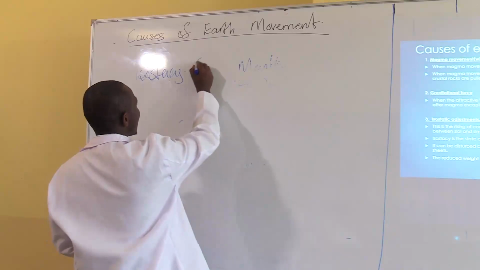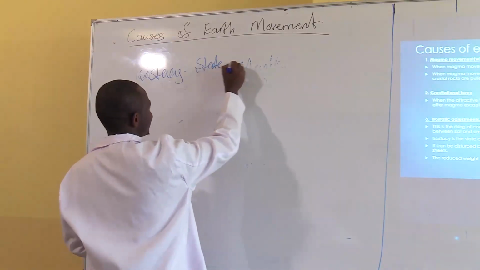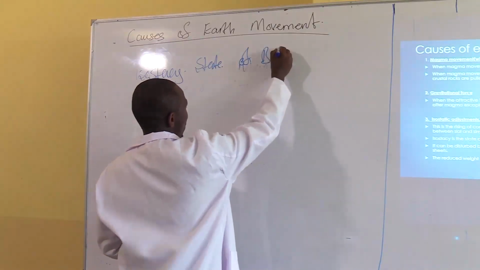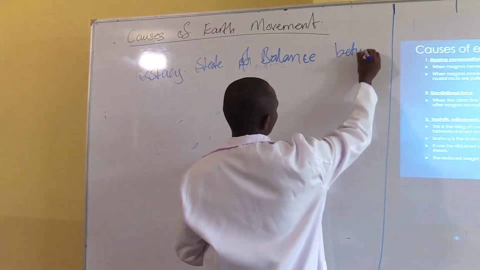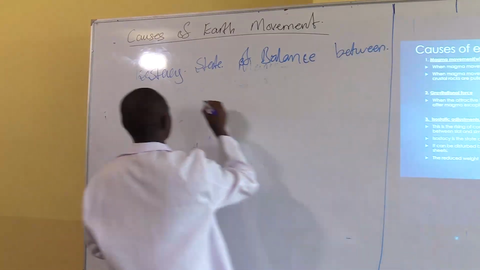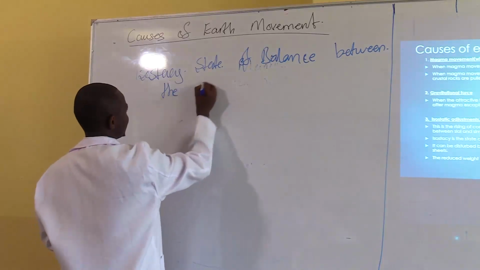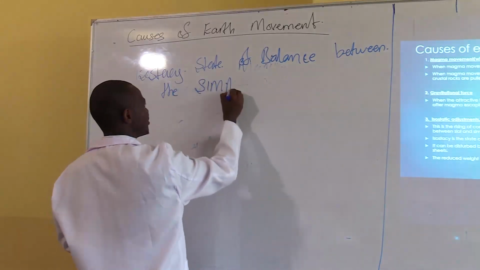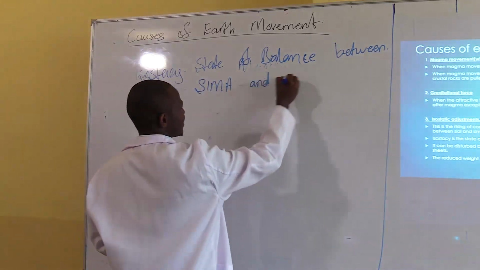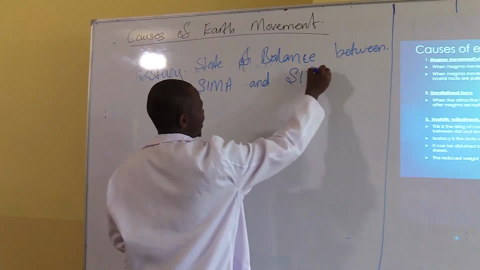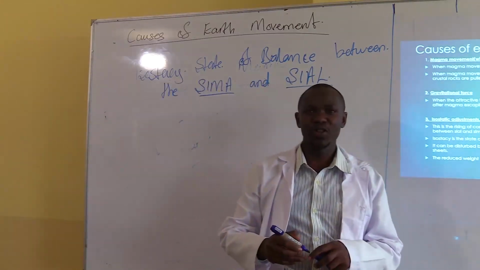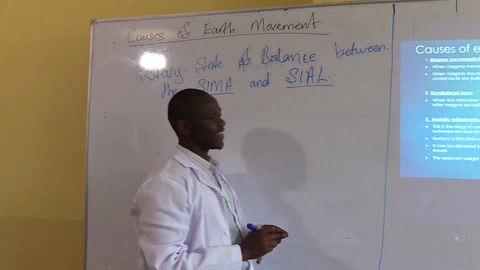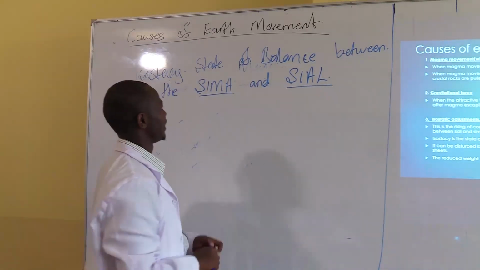That state of balance between the sima and the sial. And we all know the sial and the sima were all about the continental crust and the oceanic crust, respectively.